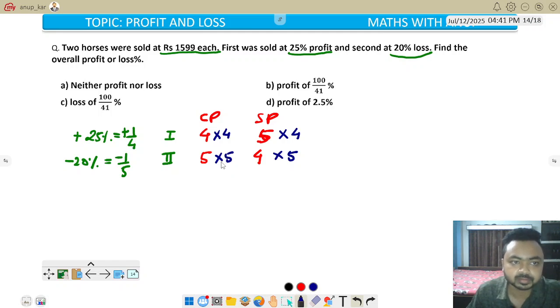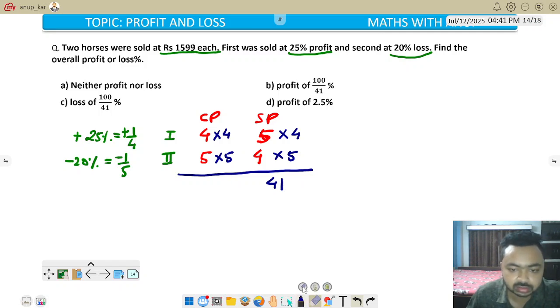So we have to find out the overall profit and loss. It is 20 plus 20, 40, and here 16 plus 25, 41.